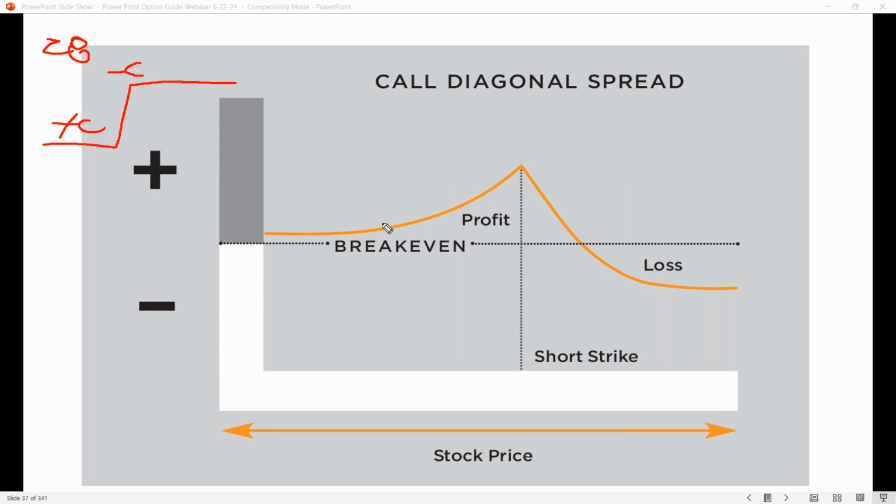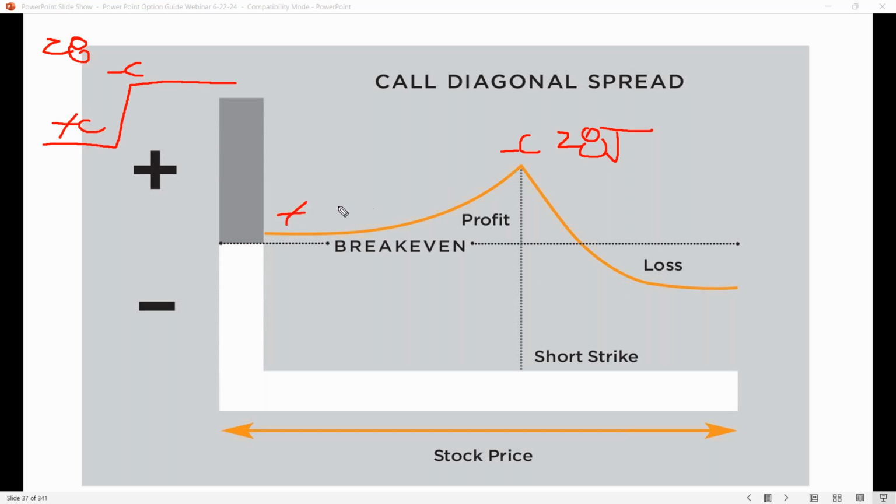So instead of being long the 28 June call and short the 28 June call, we'll still be short the 28 June call, so it's going to have really more accelerated theta, but we're going to go out and be long the call further out. We could go out as far as we want.